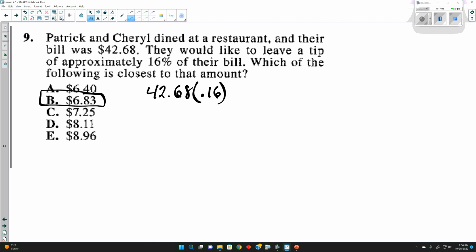Closest one to it would be 6.83. Because if it does say closest to, we're approximating in some way, shape, or form. Which one are we closest to? Questions on this here?